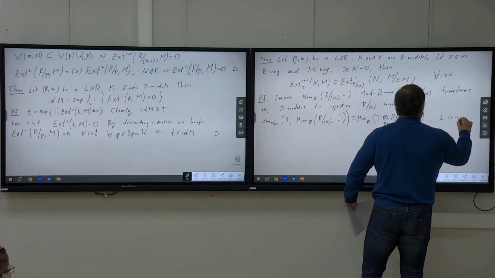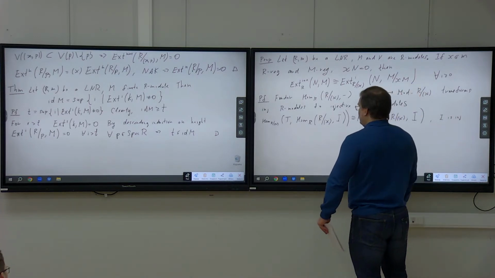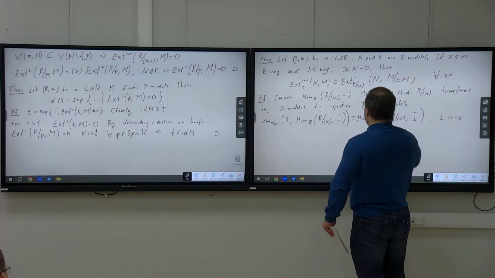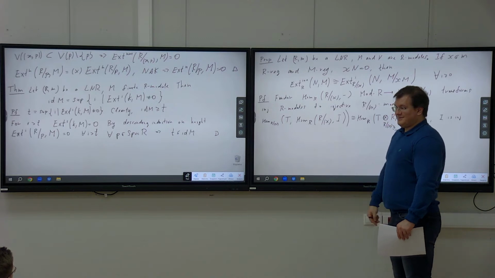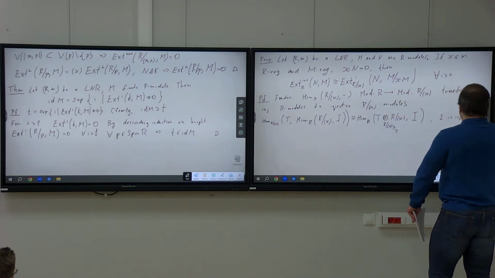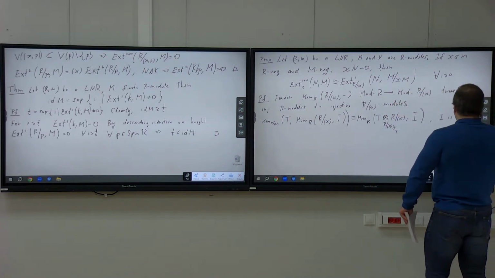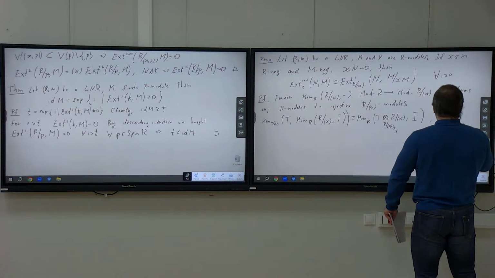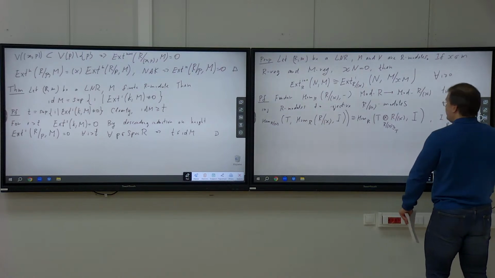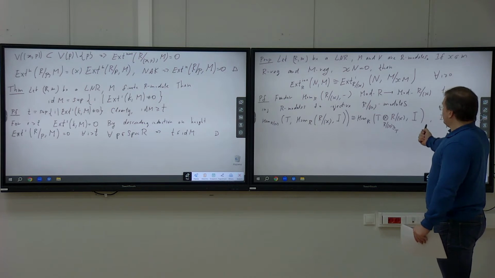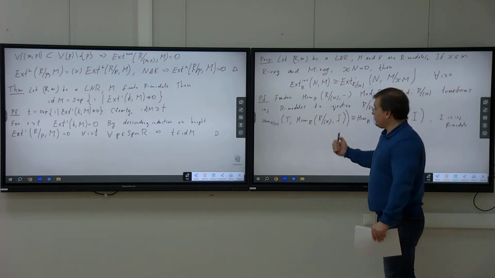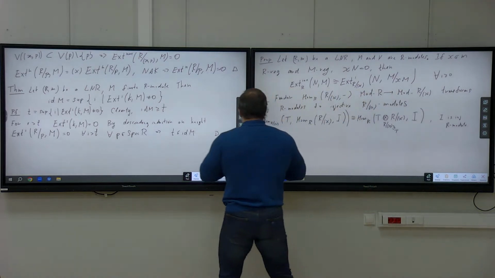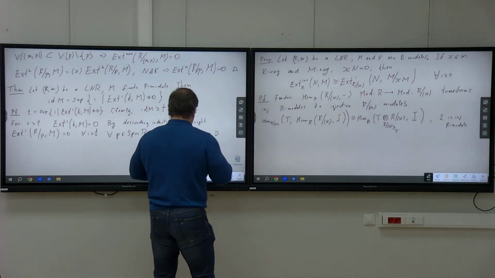Isn't it supposed to be Hom over R modulo x? Where? Here? Yeah. No, the outer Hom is the same as the inner Hom. Okay, so I is an injective R-module. Right. So if this functor is an exact functor, then this Hom maps injective modules to injective modules.